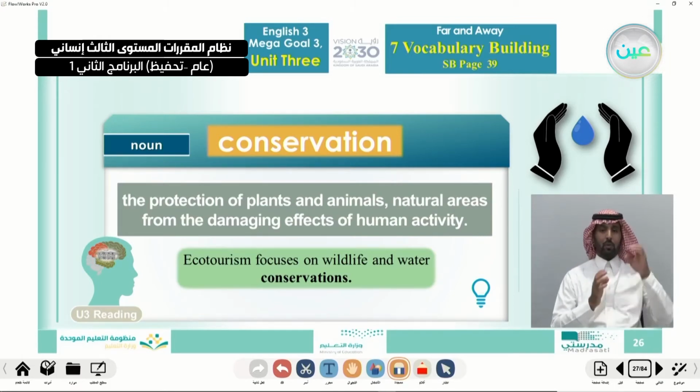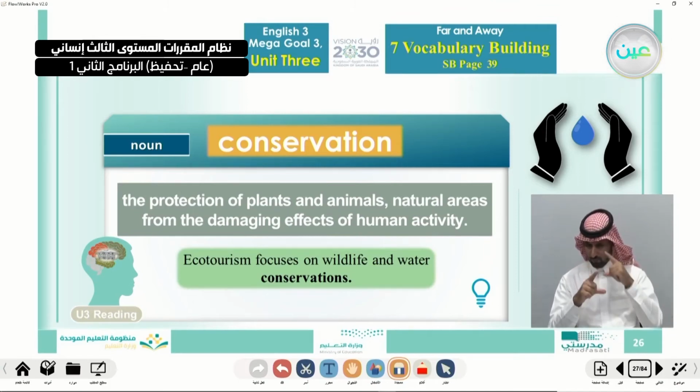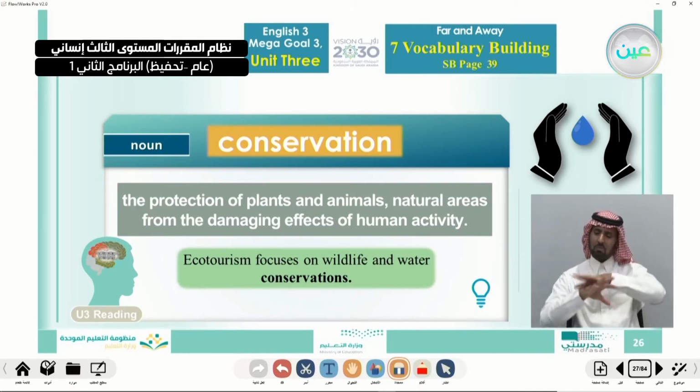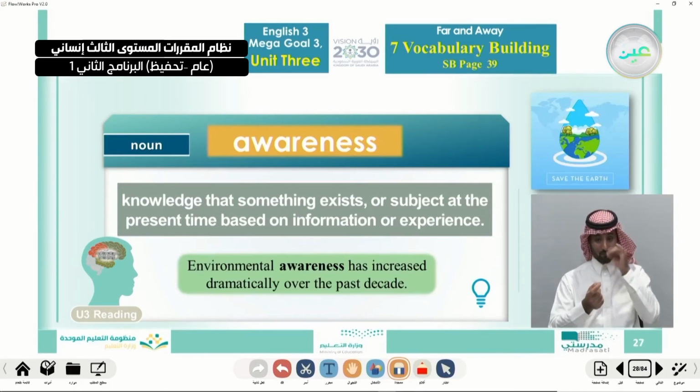Ecotourism focuses on wildlife and water conservation. The most important thing in our life is water. So ecotourism focuses on wildlife and water. These are the two important things in ecotourism: wildlife, الحياة البرية, and water. Okay, and you know how important the water is.